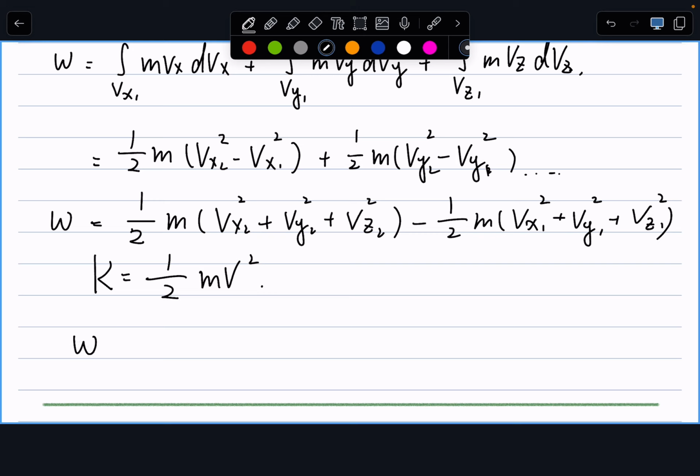Or our work equals K2 minus K1. So that's our work energy theorem. Right, so again, going back to our original definition, the work done on a particle by the force acting on it, so that's this work, equals the change in the kinetic energy of the particle.